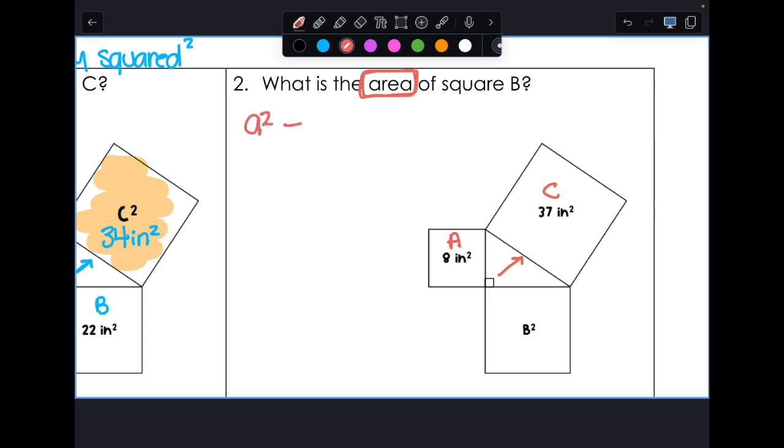So write your formula. A squared plus B squared equals C squared. What is A squared? 8. We don't know what B squared is, so I'm going to keep that the same. What is C squared? 37. So how do we solve for B? How do we move 8 to the other side?